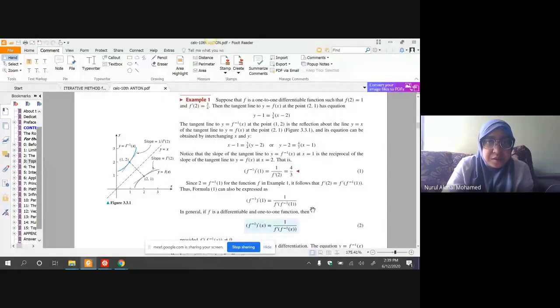We have here y equal to x, a linear graph, which is the graph of y equal to x.